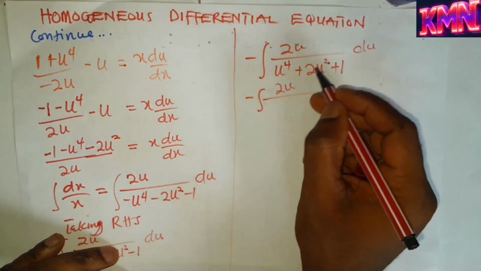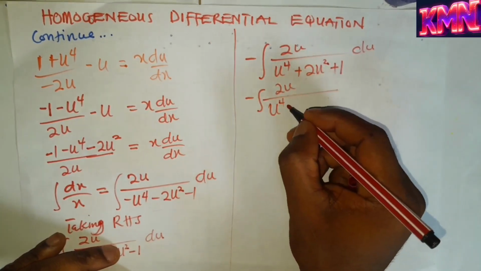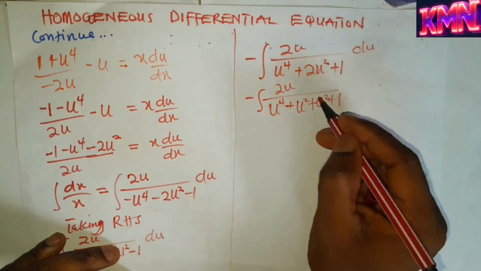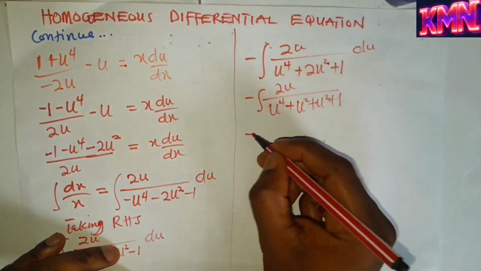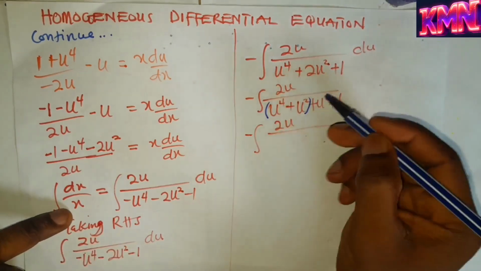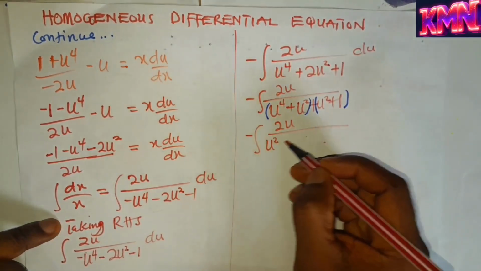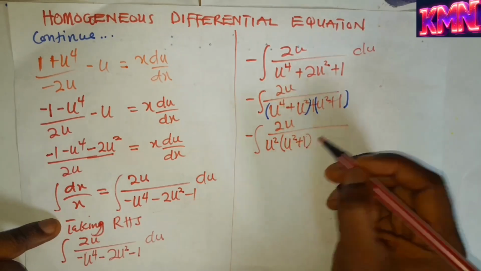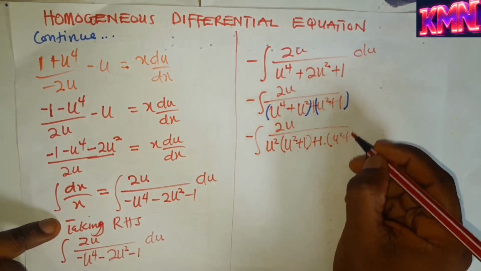So we can easily break this one down. Breaking this one, we can get u^4 plus u^2 plus u^2 plus 1. U^2 plus u^2 will give us the same thing, 2u^2. Negative integral of 2u on, and group it into 2, we can factorize u^2 out. So u^2 out, here we are going to have u^2 plus 1, and over here too, 1 is common, plus 1 times (u^2 + 1).